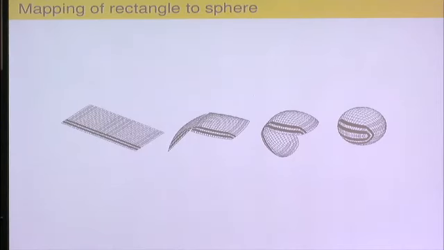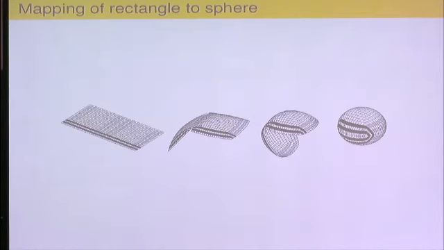I think Donna talked about this a bit at the PDEs on the sphere meeting, so I won't say too much about it, but basically you can think of taking a rectangular grid. I've colored in a couple of lines here just to see what happens to them as you create this grid on the sphere, but basically you fold it in half and match up the edges, and you get this mapping onto the sphere. So the corners on the original grid get deformed into these nearly triangular cells, 4 of them on the equator.